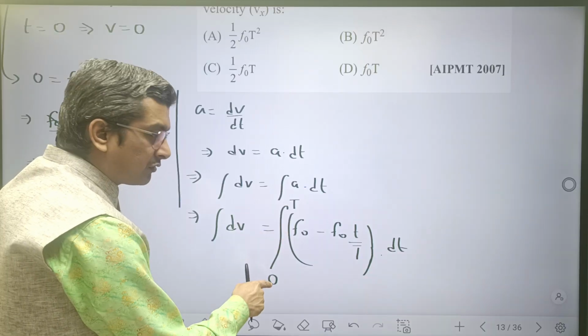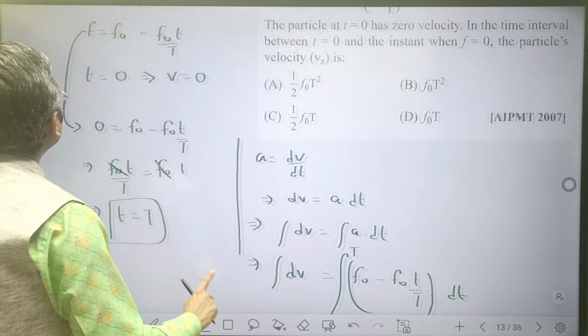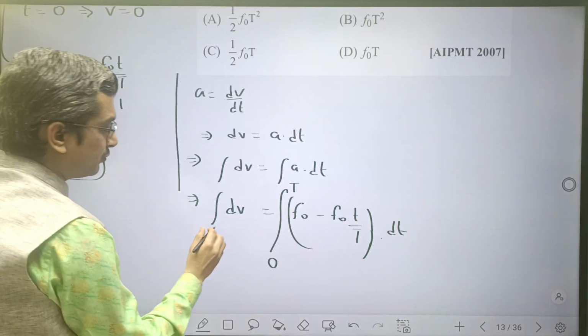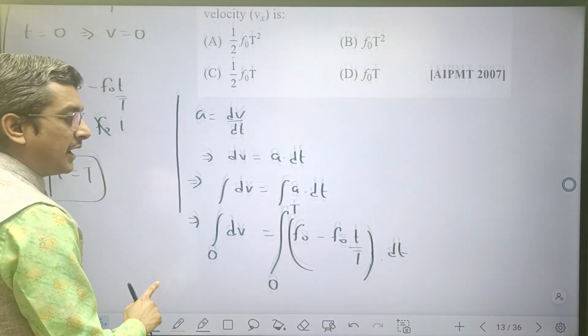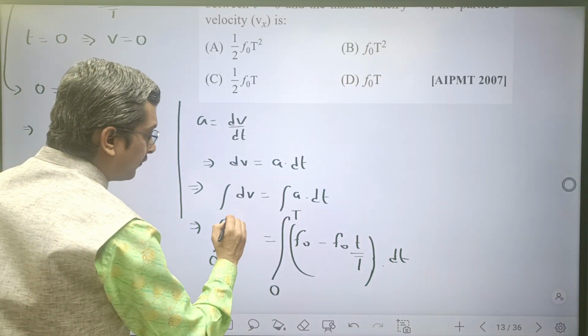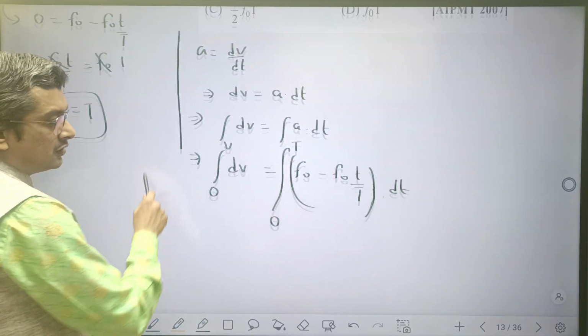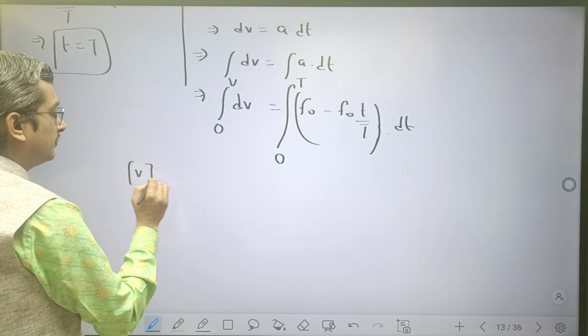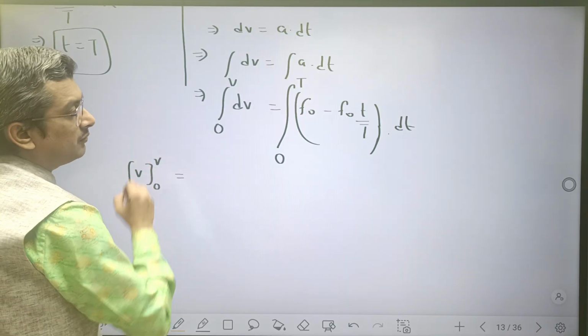So when time t is equal to 0, velocity is 0. Here it is given in the question, at time t is equal to 0, velocity is 0. So put here velocity is 0. And at time capital T, the velocity we have to find. Let us suppose that is v. So integration of dv is v. So this is lower limit 0, upper limit is v.